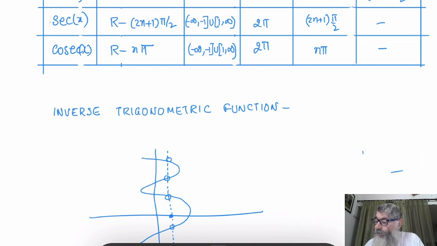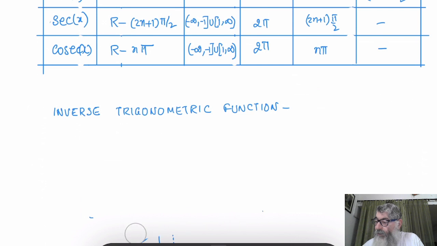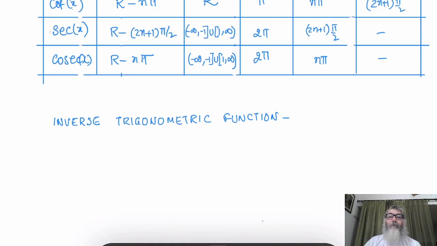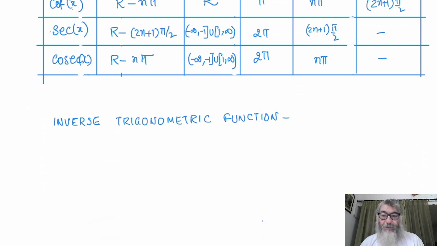And when we change the domain and range of the function, we will realize that we will not be able to call it a function. Why will I not be able to call it a function?